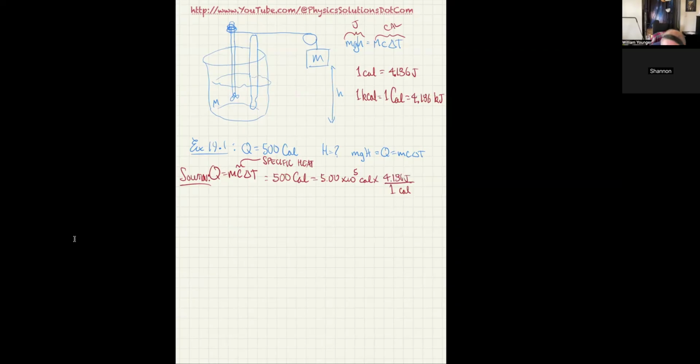So I'm using the mechanical equivalent of heat to find out how much heat this is in joules as opposed to in calories. So 5 times 10 to the fifth times 4.186 gives me 2.09 times 10 to the 6 joules.